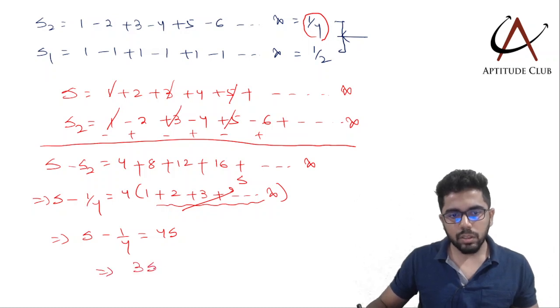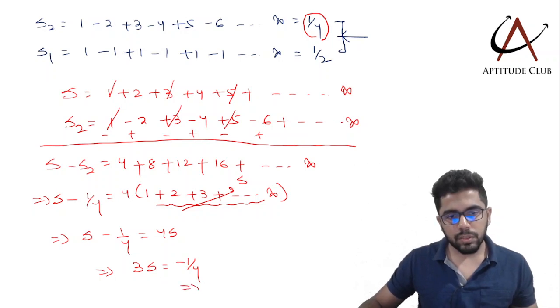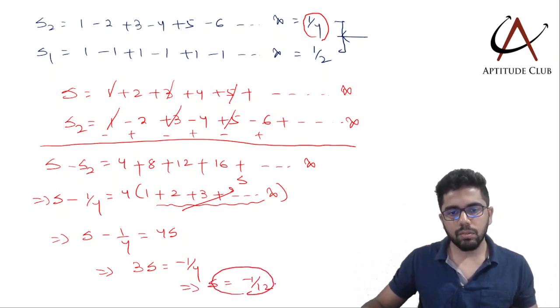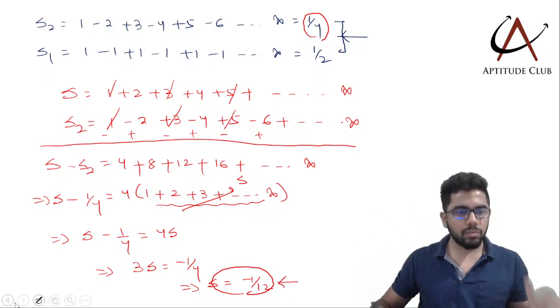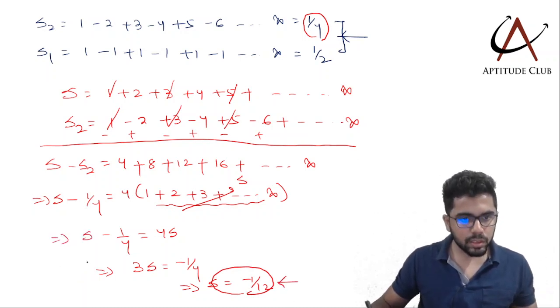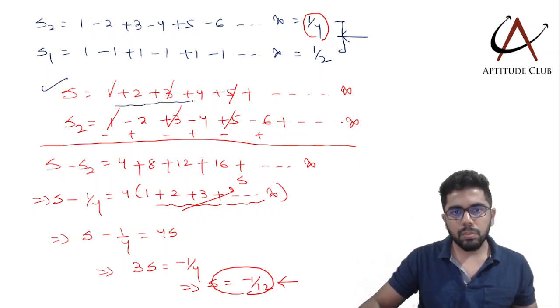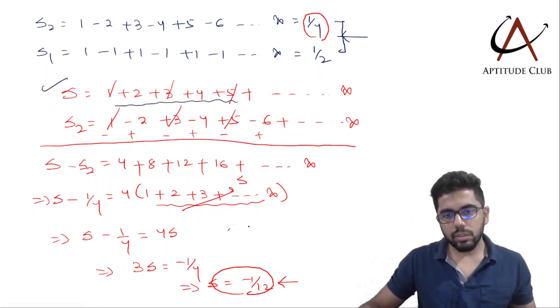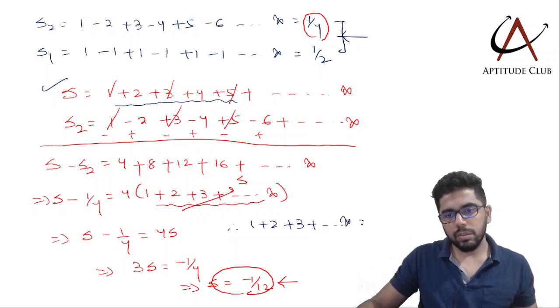If you solve this, you will get 3S is equal to minus 1 by 4, which gives you S as minus 1 by 12. And that is what we are supposed to calculate. What is S? S is 1 plus 2 plus 3 till infinity. Hence you get 1 plus 2 plus 3 till infinity is minus 1 by 12.